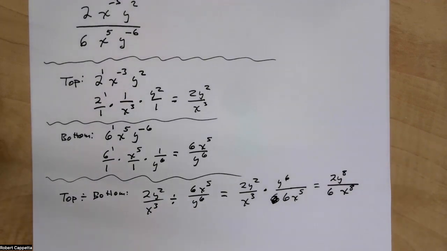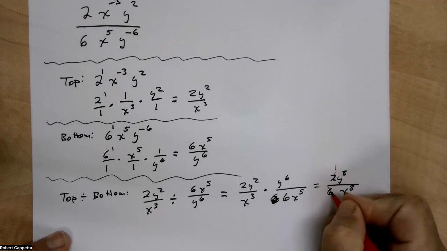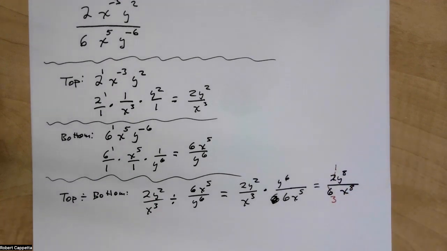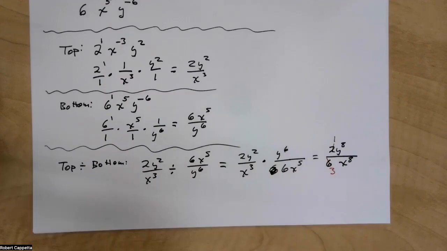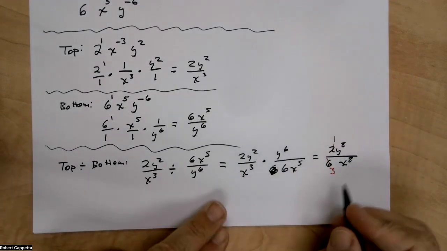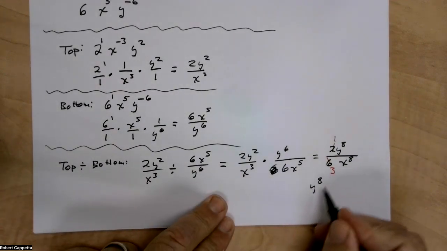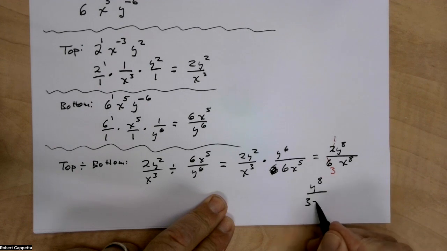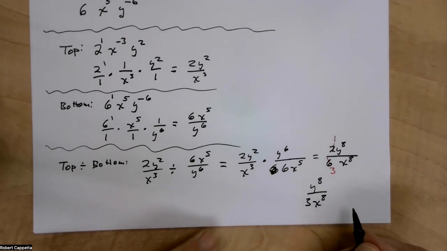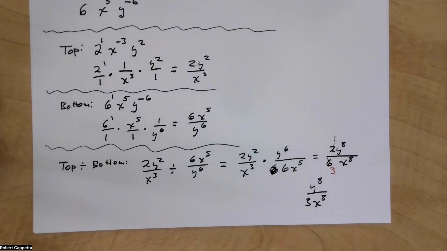And there's one more thing I can do, of course, 2 over 6. If I divide the top by 2 and divide the bottom by 2, 2 divided by 2 is 1, 6 divided by 2 is 3. And my final answer will be 1y to the 8th over 3x to the 8th.